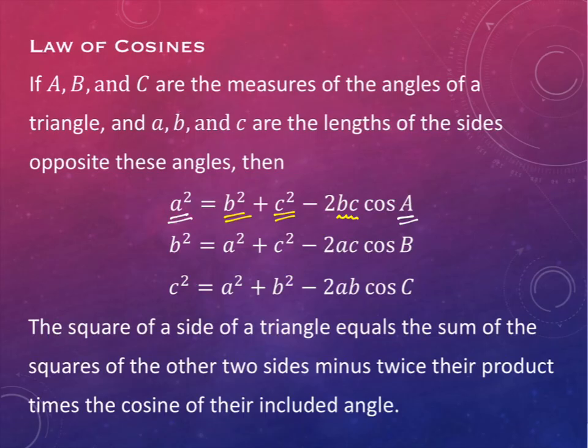Something else worth pointing out is that if you did not have this piece at the end, what would you have? A squared equals B squared plus C squared. What is that? That's the Pythagorean theorem. And that is exactly what would happen if this angle A at the end were 90 degrees. So this is really a generalized Pythagorean theorem.